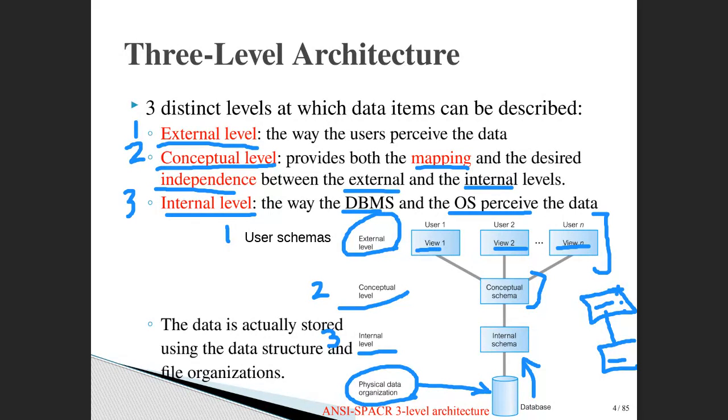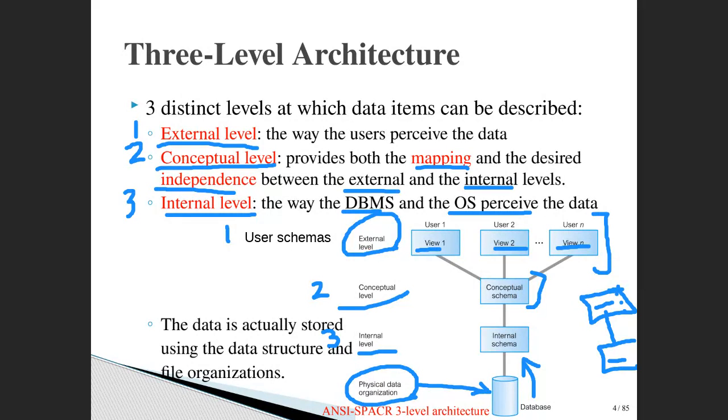Number two, the conceptual level, which provides the mapping between the external and internal level. Then comes the internal level, which is focusing on how the data is being stored in the database, or how the data will be represented, considering the physical representation.